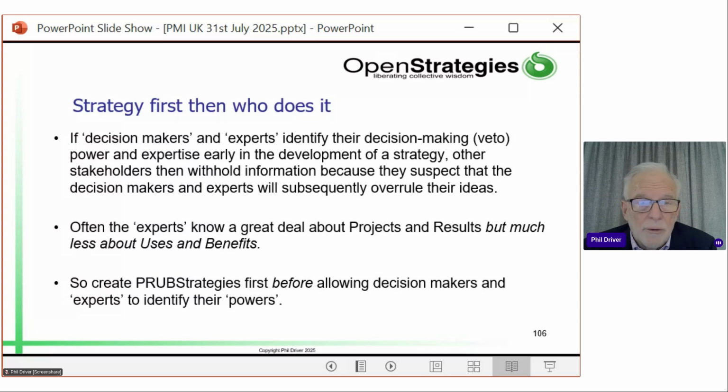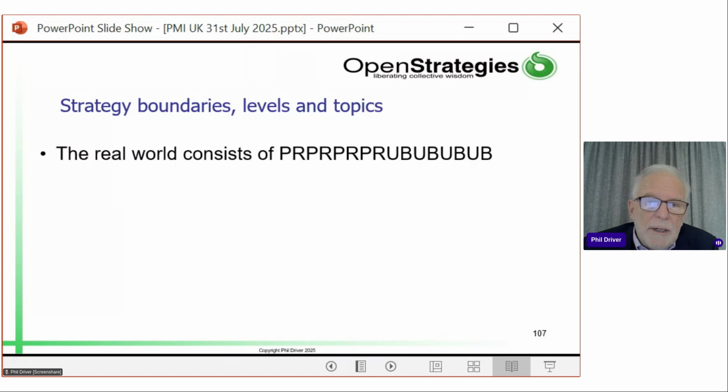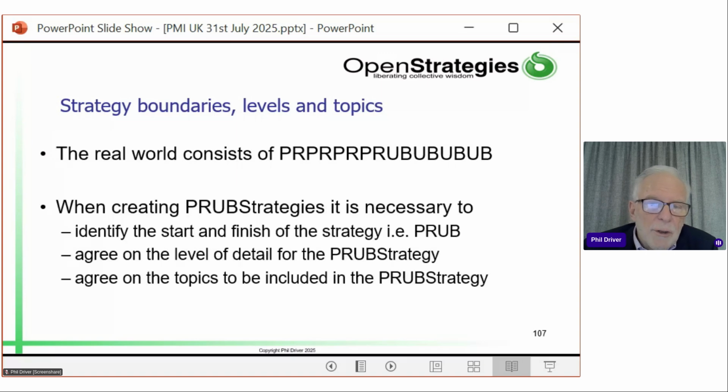Makes a huge difference. Strategy boundaries. The real world isn't a neat, tidy PRUB. It's actually PRUB ad infinitum. So when you're setting up a strategy, we've got to decide a few things. What's the start and finish of your PRUB sequence? And I've got a paper on that. You've got to agree on the level.